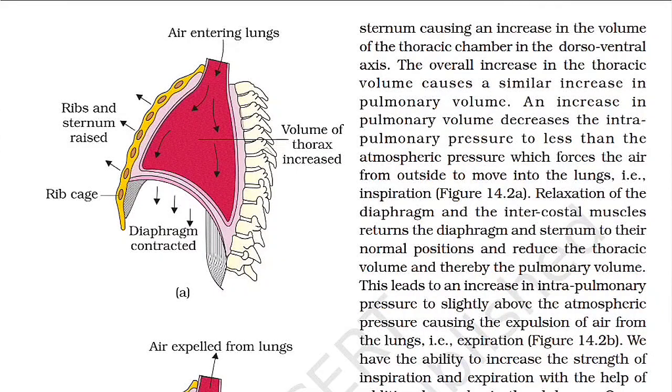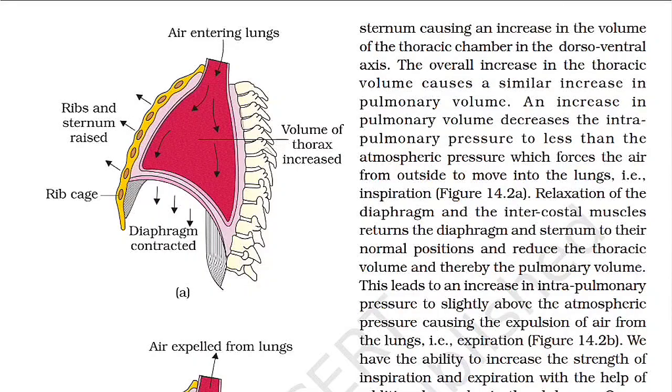The overall increase in the thoracic volume causes a similar increase in pulmonary volume. An increase in pulmonary volume decreases the intrapulmonary pressure to less than the atmospheric pressure, which forces the air from outside to move into the lungs, that is inspiration.